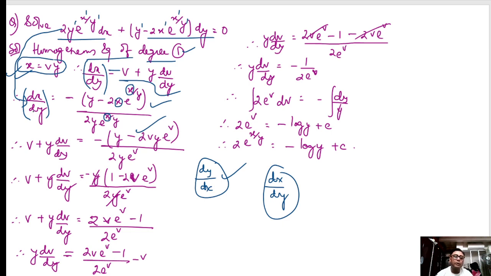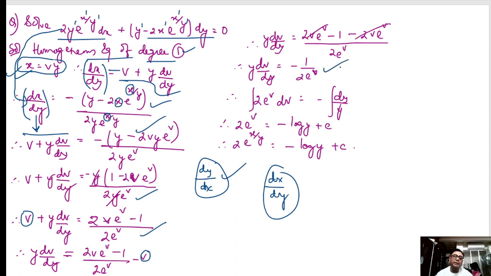And this is the value of dx by dy. So now taking y common, it cuts, and now plus v goes on this side as minus v. Taking LCM, solving it, we get this.